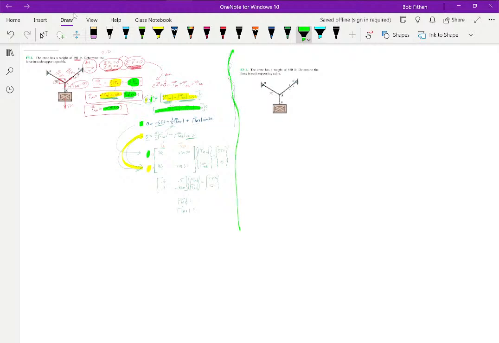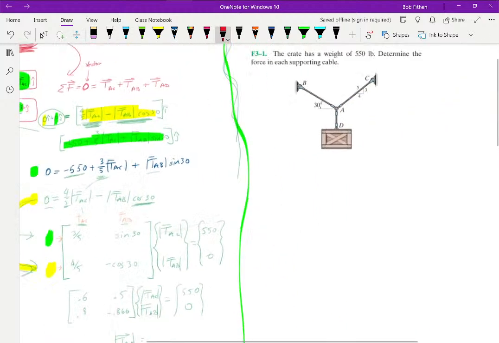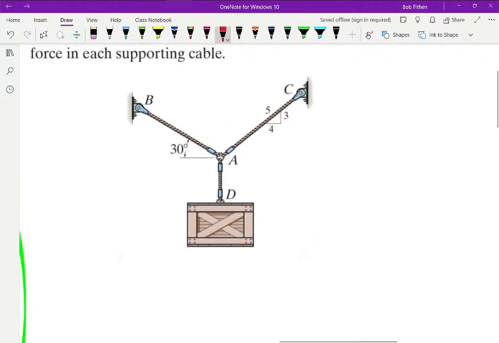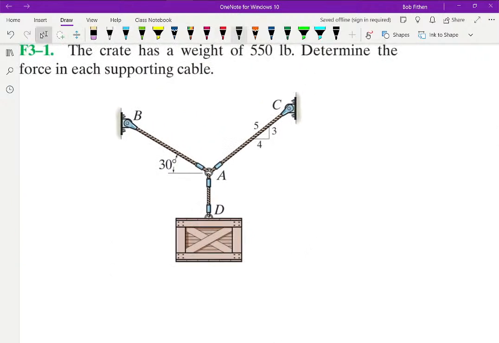So I'm going to try a secondary approach. I'm going to hold and say I made an error. Now what I'm going to do is something totally different. I'm going to come up with the base vector in each direction.